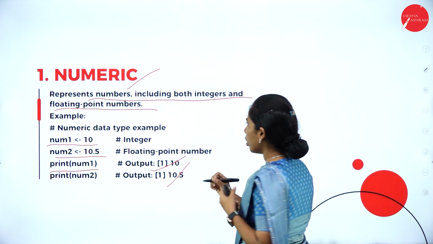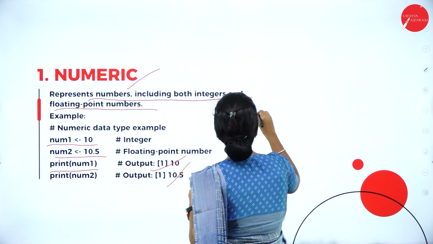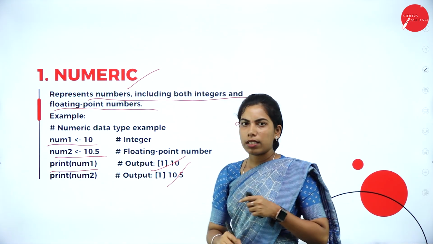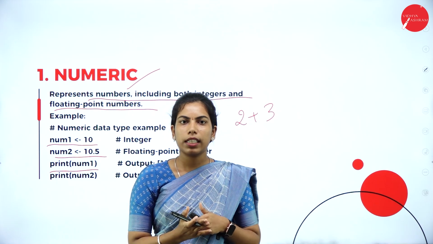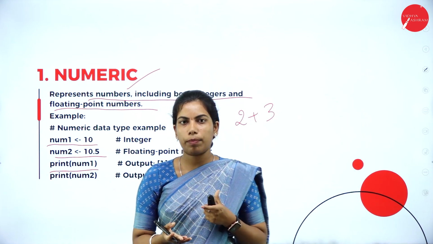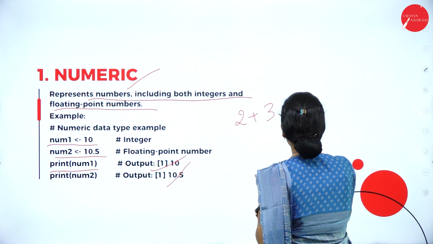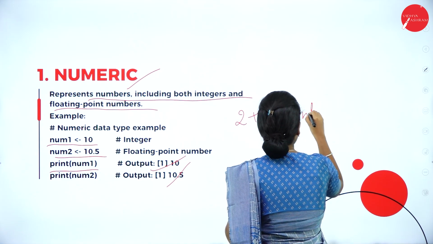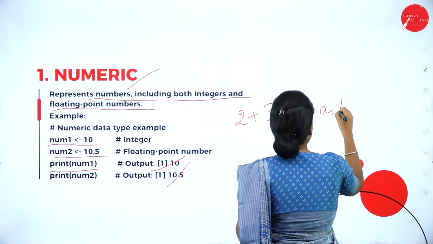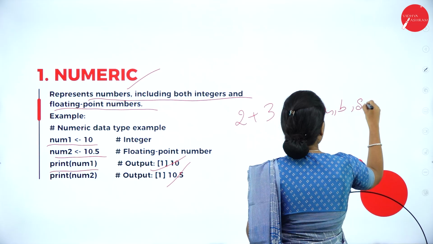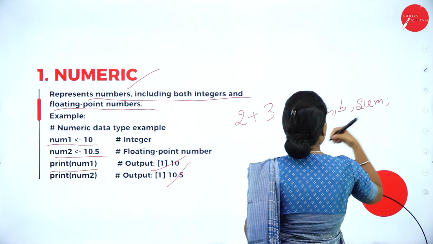Got it now? So in R we can declare values like 2 plus 3 without explicit declaration of the data type. In other programming languages like C, I have to declare int a, b, sum, and put a semicolon here.